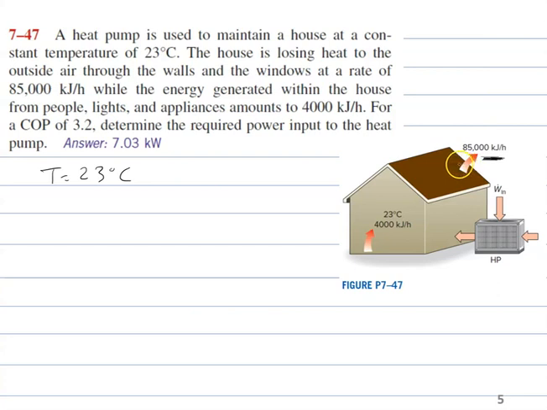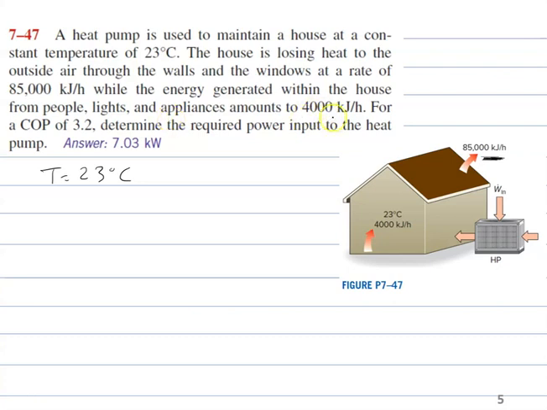While the energy generated within the house from people, lights, and appliances amounts to 4,000 kilojoule per hour. Okay, so also the people inside, every one of us, we emit heat. There are standard values for a human being, depending on the gender and the activity and so on.